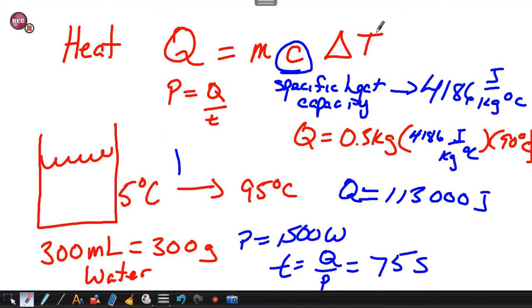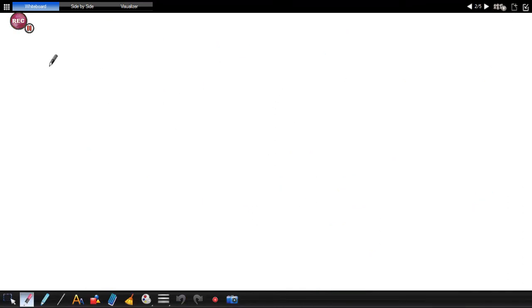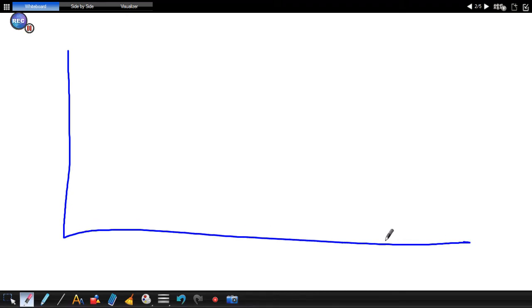All right, so let's go and get another page here. So we're going to do a plot here. You've probably seen this plot before if you've done chemistry. We're going to talk about the temperature of an object and the heat that's put in. And then we'll put in some dotted lines here.